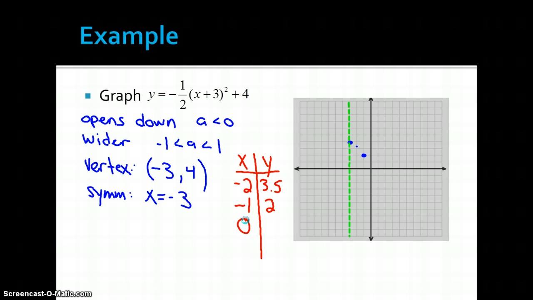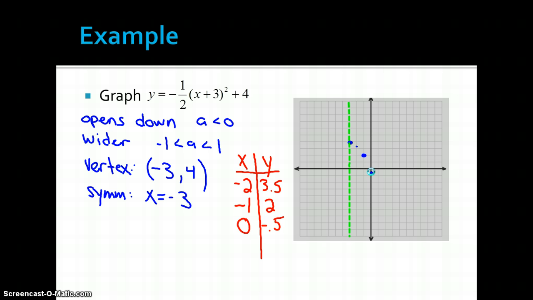I'll do one more in this particular one. I'll use 0. 0 plus 3 is obviously 3. 3 squared is 9. 9 times -1/2 is -4.5. Plus 4 is -0.5. So that will give me 0 and -0.5 right there.